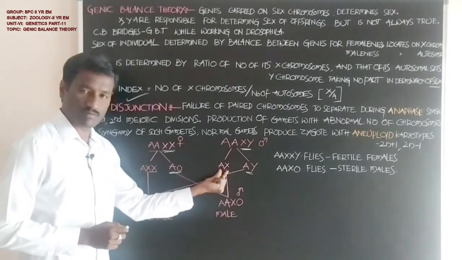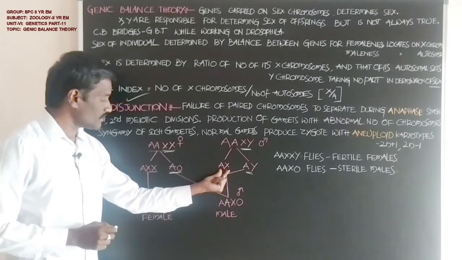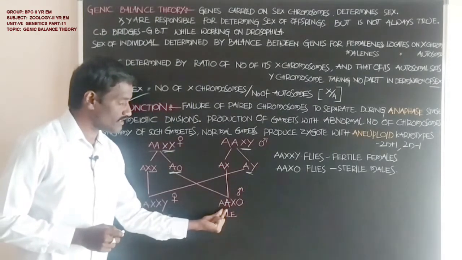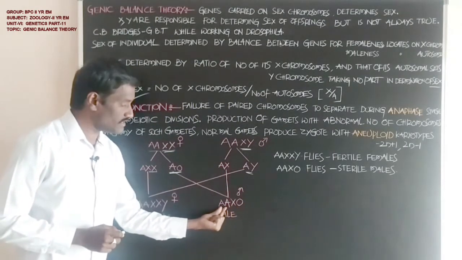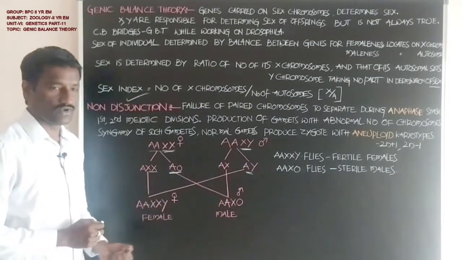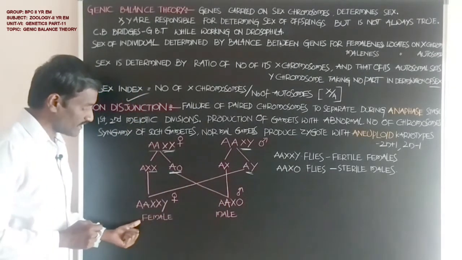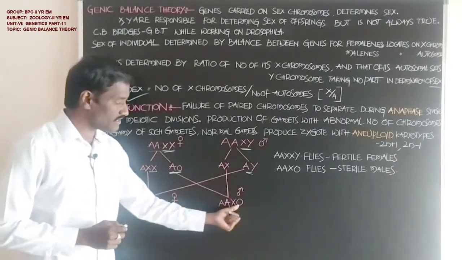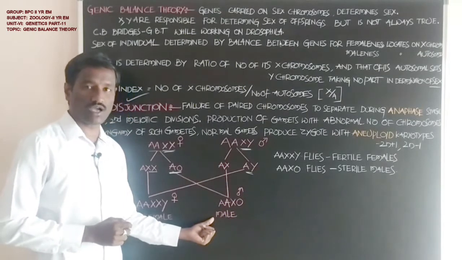The AX sperm cell fused with the A0 egg cell, and the male offspring receives the AAX0 chromosome complement. The AAXXY offspring develops into a female, and the AAX0 offspring develops into a male.